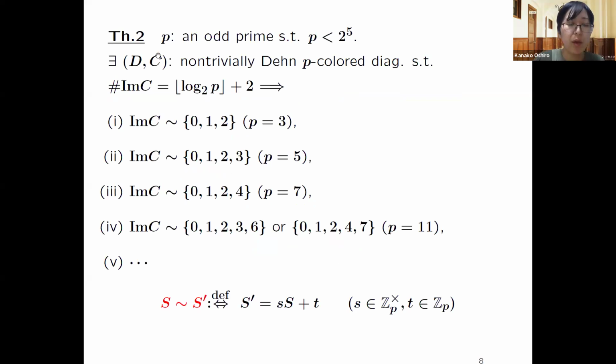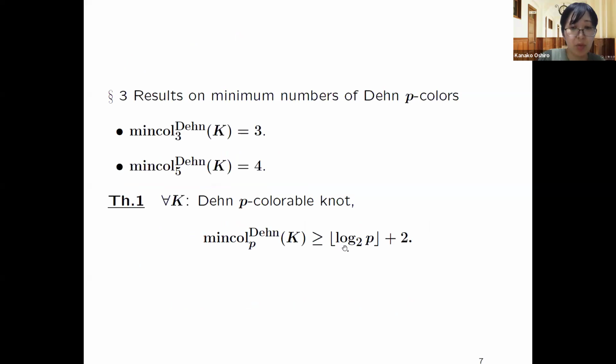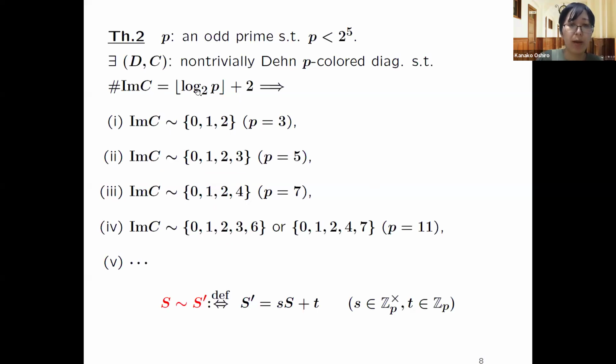Theorem 2: when p is an odd prime number less than 2 to the 5th power, there exists a non-trivially Dehn p-colored diagram D_C such that if the number of colors is equal to this lower bound, the floor function of log 2 p plus 2, then the set of colors is affine equivalent to these sets.